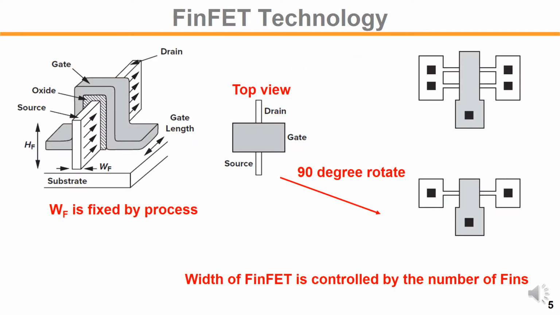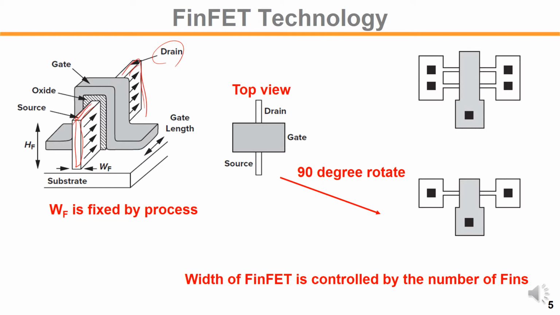I will show some FinFET technology, which is nowadays gaining more use. The structure of the FinFET is that it has a vertical structure like this, and the gate is wrapped around the source and drain wall.